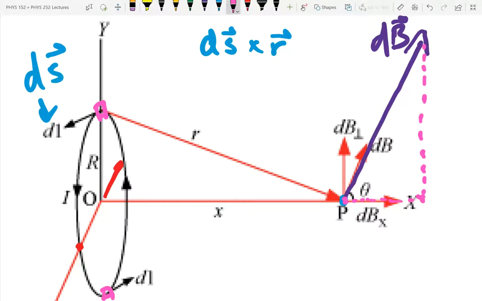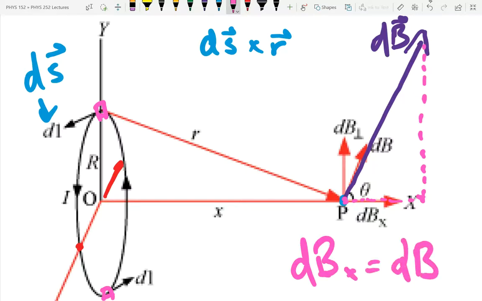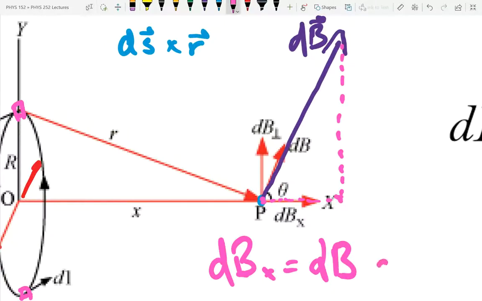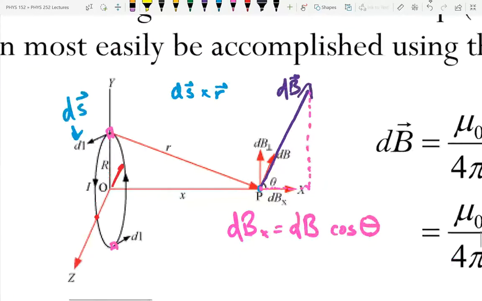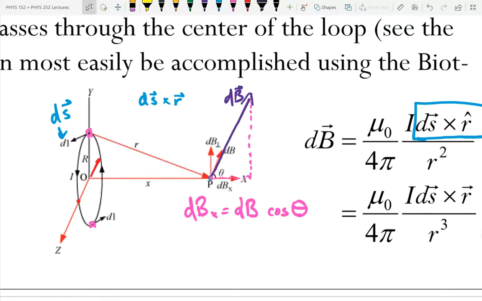And so based on that angle theta, how much of my dB is in the x direction? Okay, it's the adjacent one, so it's going to be times cosine theta. So now I need to find what the magnitude of dB is. Right, so dBx is dB cosine theta.